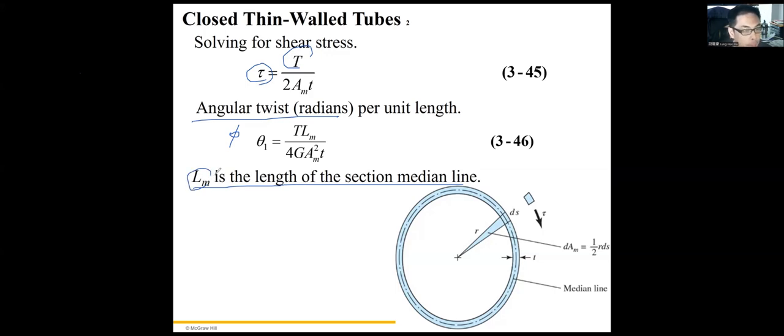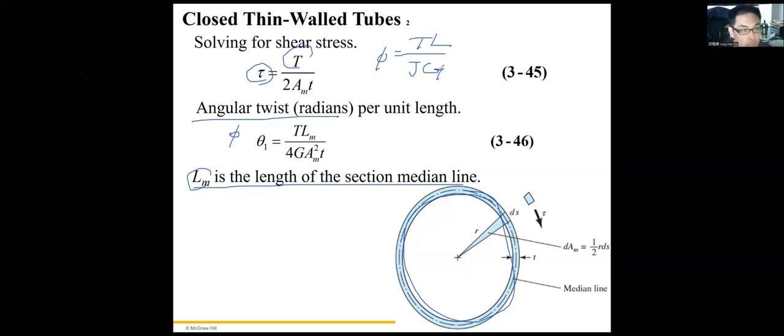It's this line, okay, this line. So for the solid rod, we already know the twist angle equals TL over JG, right?